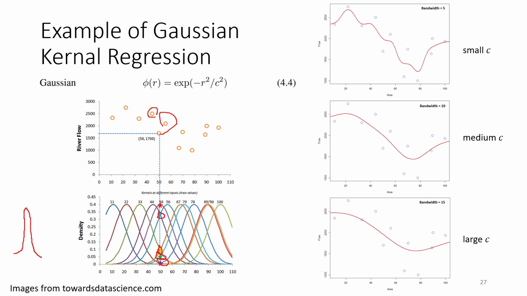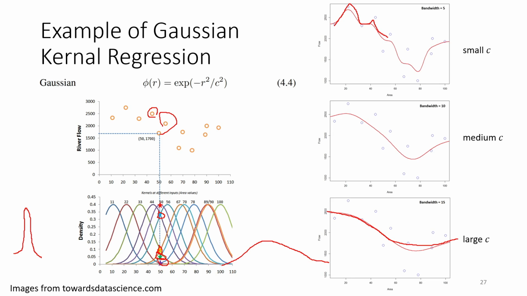And for large c, the shape of the Gaussian distribution will be like this: it is flatter. It means it will be averaged over more input data points in this figure. Therefore, you can see it changes very significantly locally for small c, and for large c, its change is less significant across the input region.